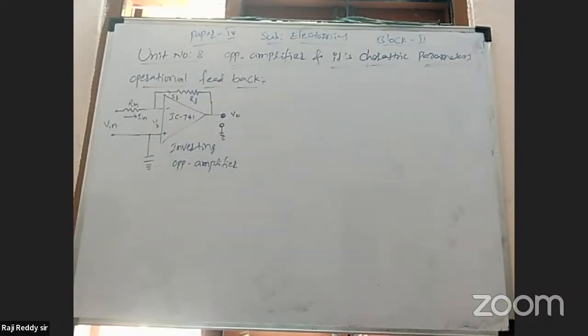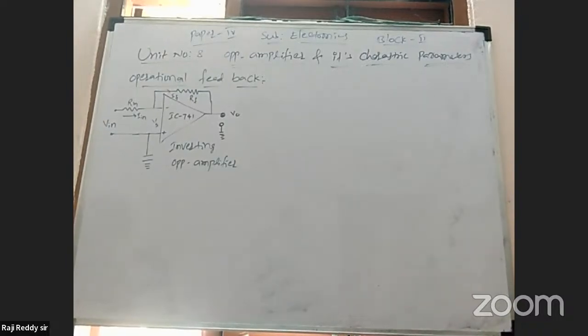I think you know Kirchhoff's first law and second law. The first law is simply called Kirchhoff's current law, the second law is the voltage law. Kirchhoff's first law: at any junction in an electric circuit, the sum of currents entering the junction equals the sum of currents leaving the junction.